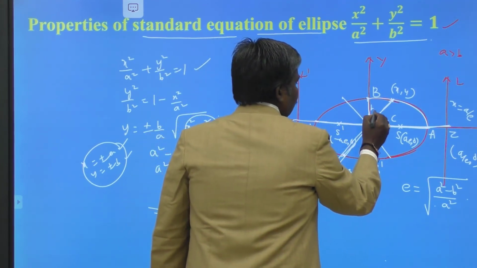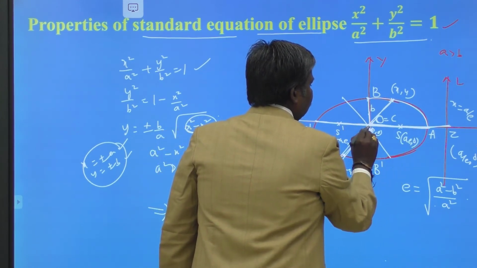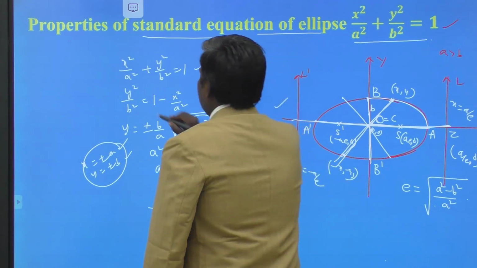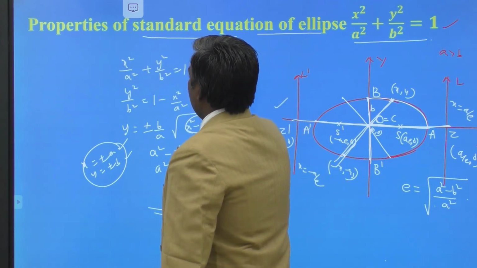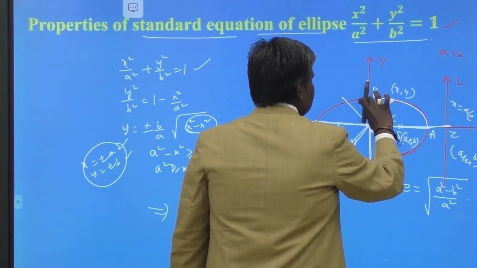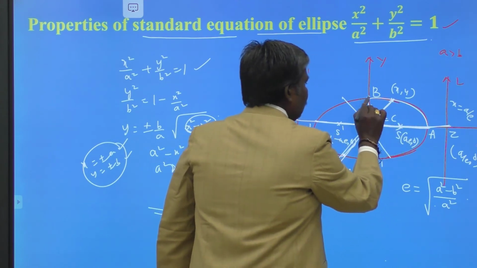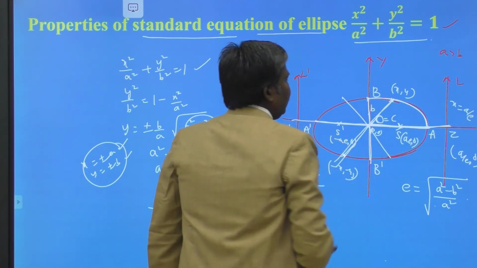Therefore, y is equal to b when x is equal to 0. The curve is moving from here to here. When x is equal to a, put x equal to a, a square by a square, 1 gets cancelled, y equal to 0. So y value is decreasing from b to 0. As x increases from 0 to a, your y decreases from b to 0.